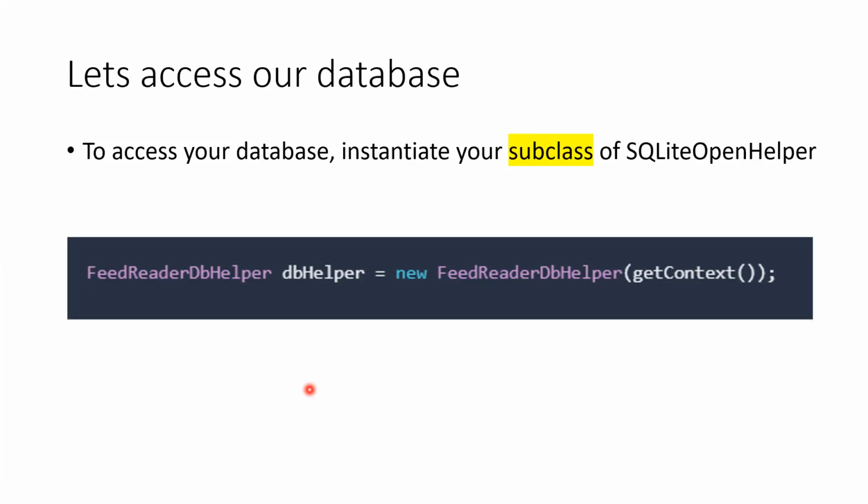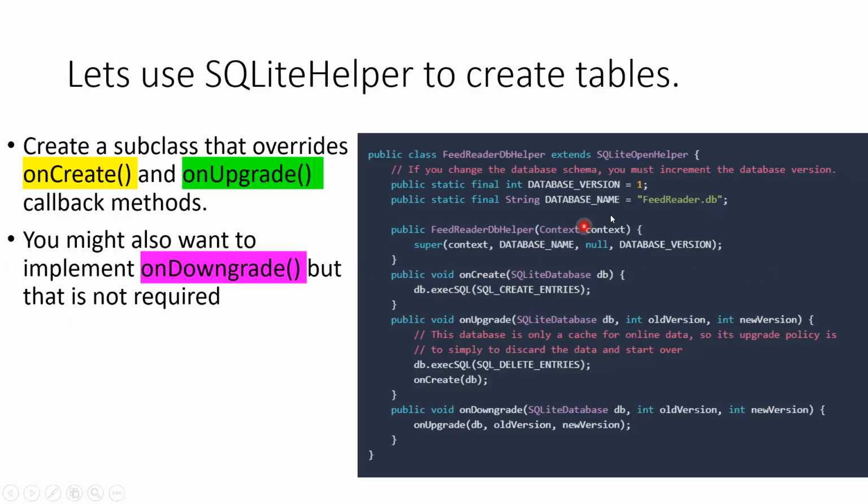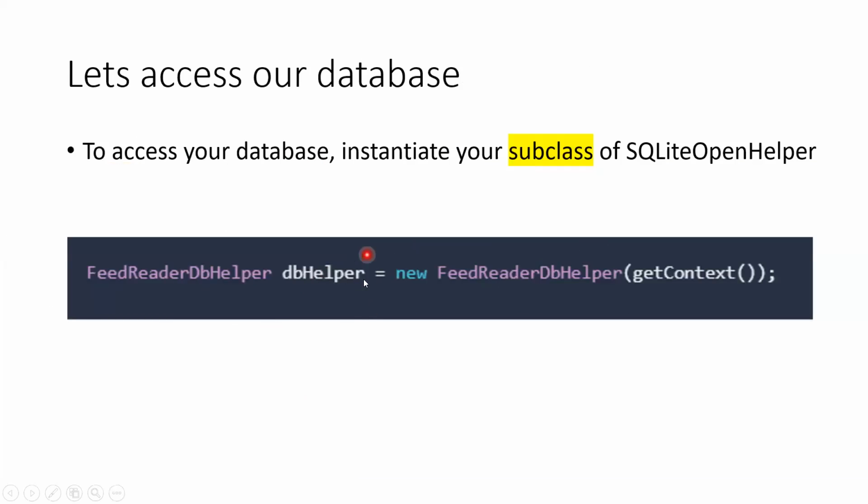To access your database, what you need to do is instantiate your subclass of SQLiteOpenHelper. And we know the subclass of SQLiteOpenHelper we created in the last slide is FeedReaderDbHelper. So you just create that, and it will enter into its life cycle.